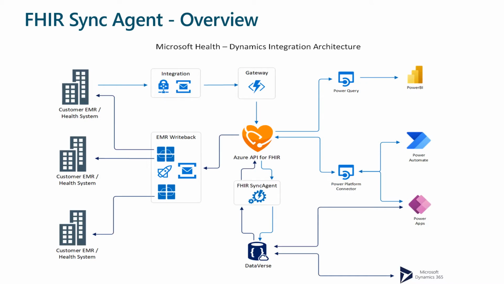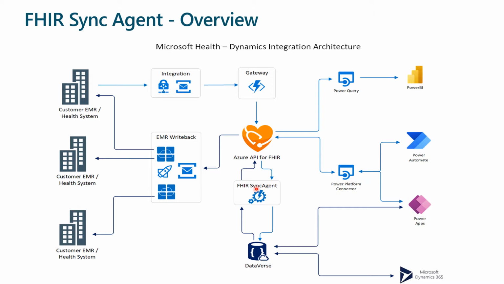Where does this FHIR Sync Agent fit in? If you look at the typical architecture, FHIR Sync Agent is a service that sits between Azure API for FHIR and Dataverse. The data synchronization solution between Azure API for FHIR and Microsoft Dataverse enables you to access Azure API for FHIR data directly in the Microsoft Cloud for Healthcare solution, which is powered by Microsoft Dynamics 365.